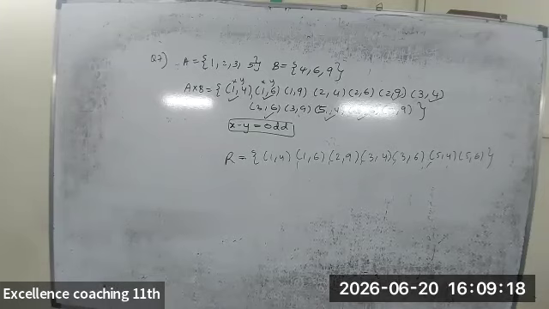Domain and all is not asked. We can just write in roster form, as has been told. So write in roster form means this itself is roster form. Done. If domain, range and all were asked, then you would have to write extra. So you can move to the 8th one.